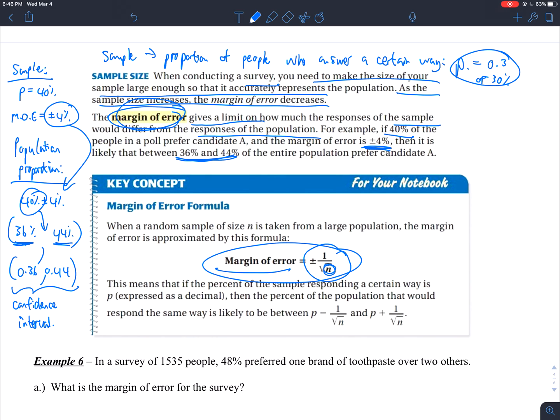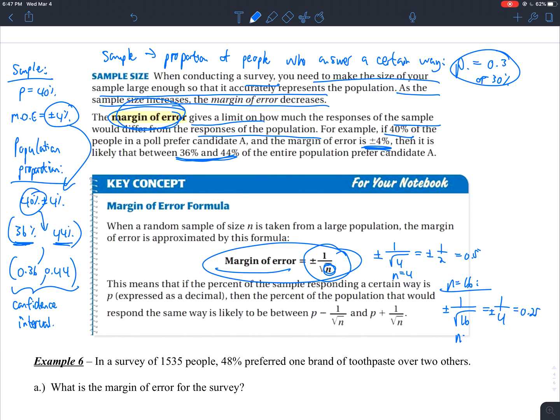If I have plus or minus 1 over root 4, my sample size is 4, then I would have plus or minus 1 over 2, so my margin of error is 0.5. But if my sample size goes up to 16, then my margin of error is plus or minus 1 over root 16, which is plus or minus 1 over 4, which is 0.25.